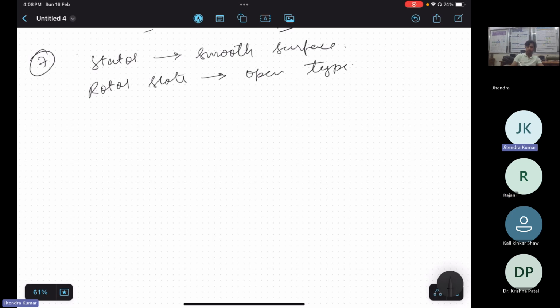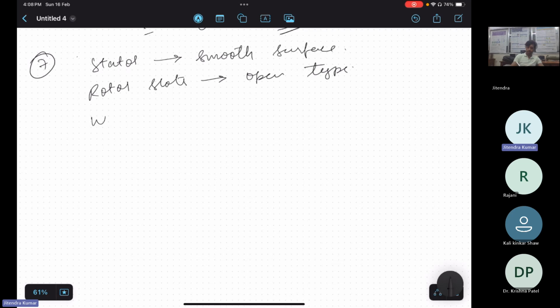Okay. Now slot width is given, which is also given equal to tooth width.